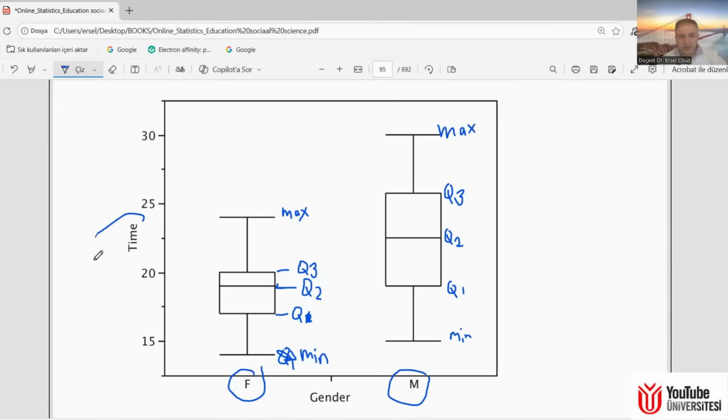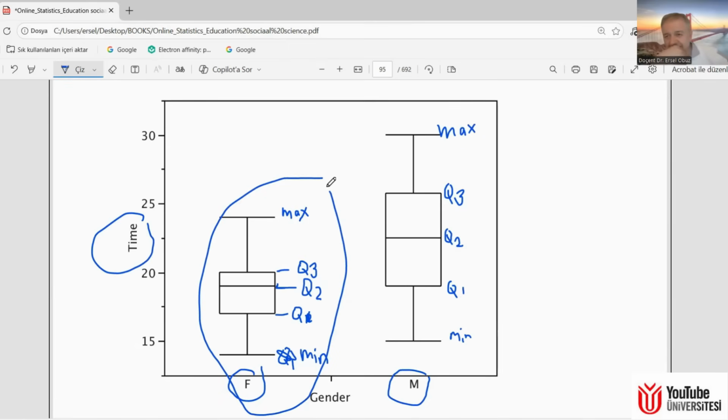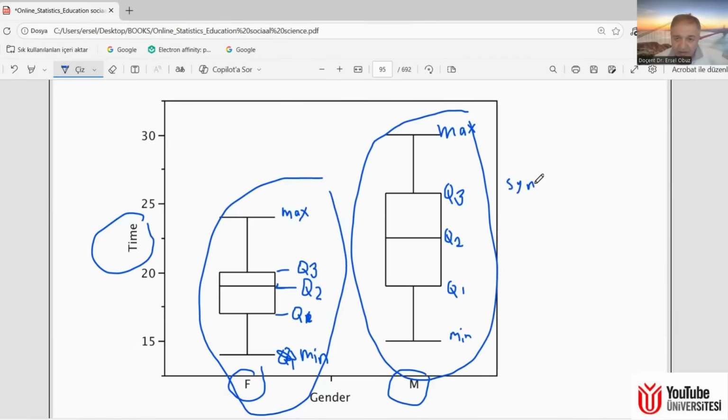So when we think about the time, you see, for all values, the minimum, Q1, Q2, Q3, and max, the male side is always higher than the female side. And then when you look at the distribution, this part is approximately symmetric.